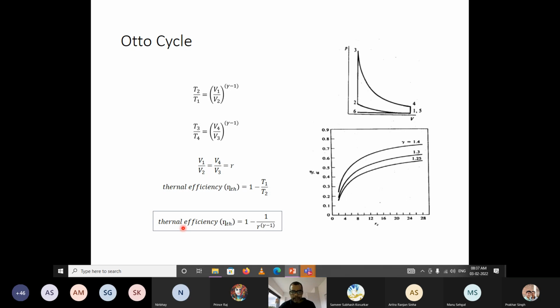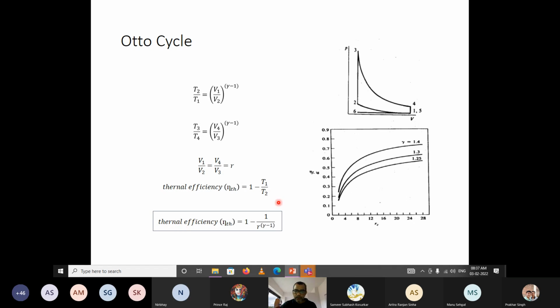So the thermal efficiency of the Otto cycle, on which the gasoline engine works, is defined in terms of the compression ratio and the polytropic constant only. That is 1 minus 1 divided by r to the power gamma minus 1.